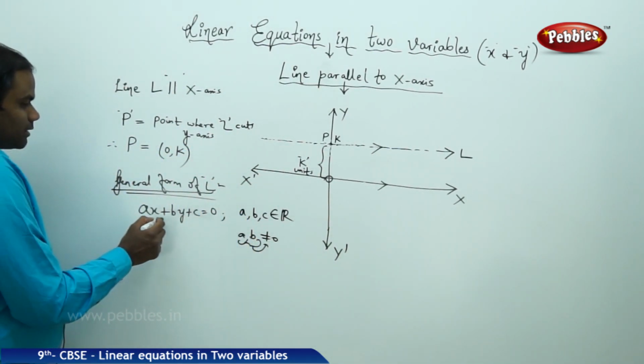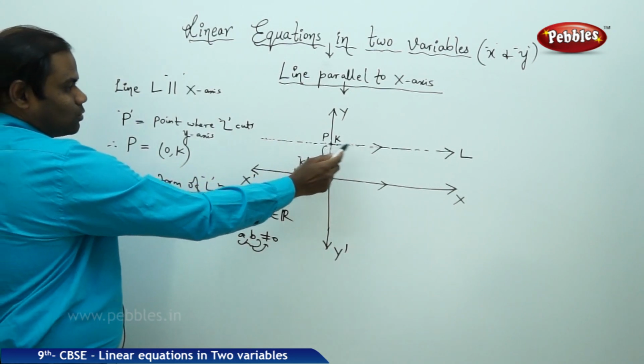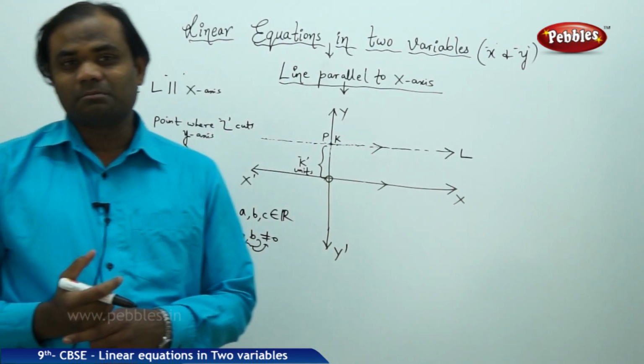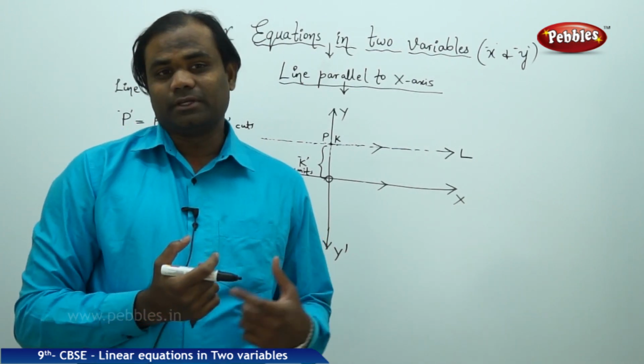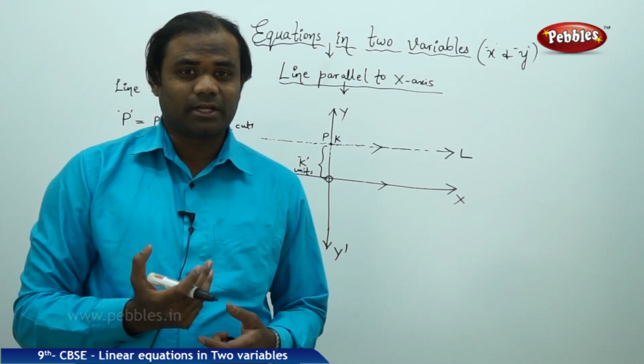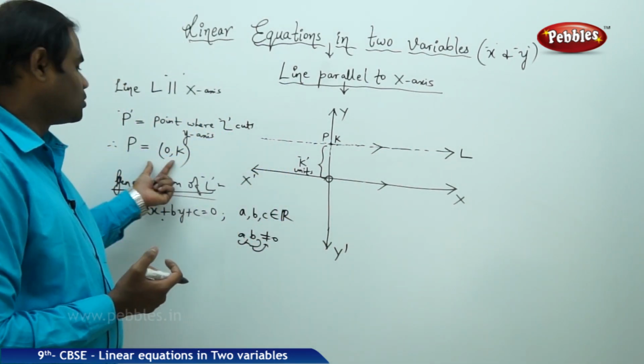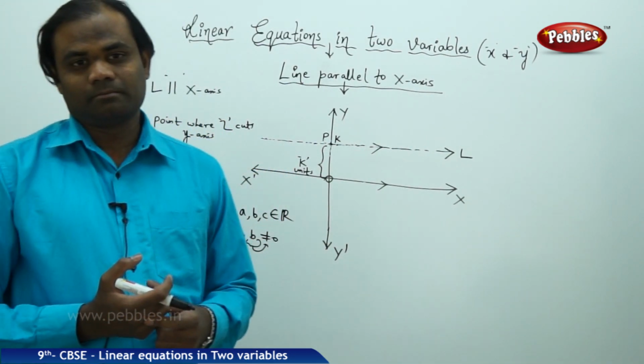Now, since this line passes through the point P, the coordinates of the point P must satisfy the given equation, which is how we understand the representation of the line through the point (0, k).